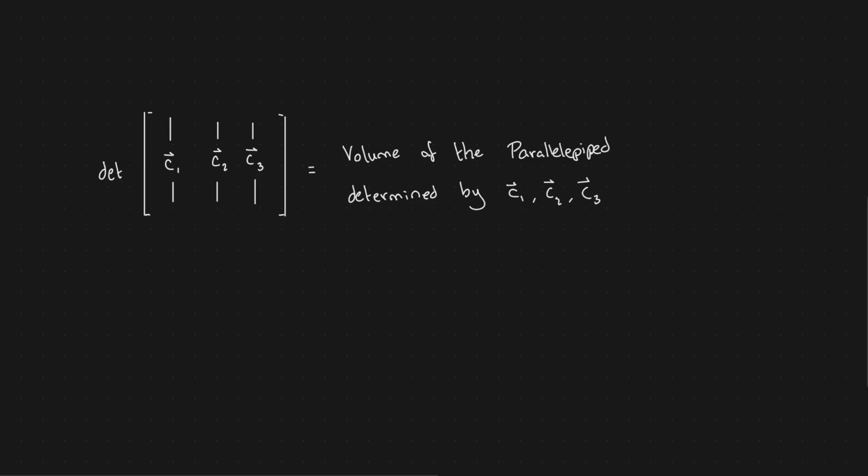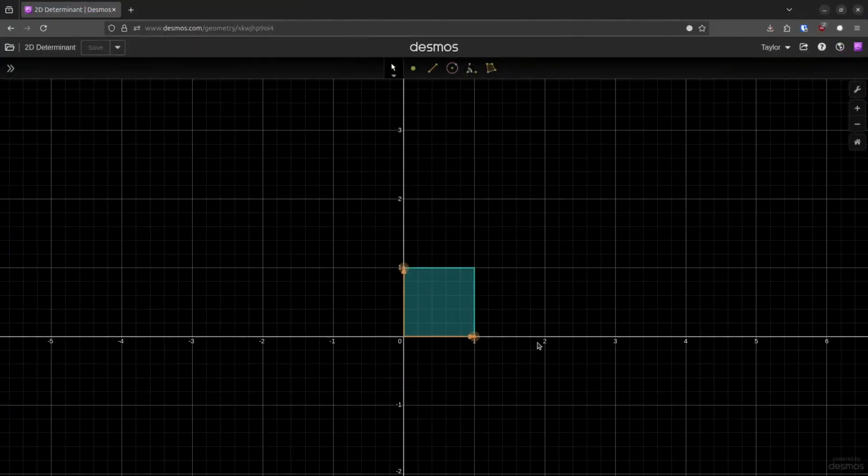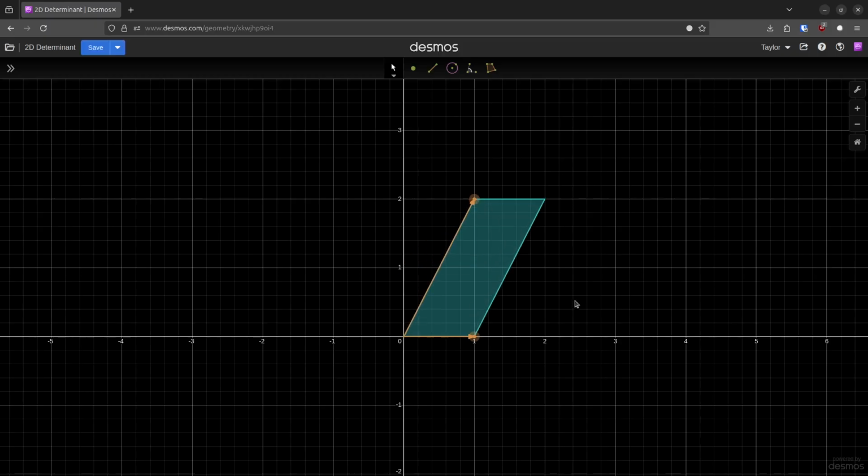So with that interpretation in mind, let's think about this. Okay? So I have 2 vectors, and I have shaded the volume, or I'm sorry, the area, we're in 2 dimensions, the area of the parallelogram that is determined by those 2 vectors. So I can move where the vectors are, and I would get a different parallelogram.